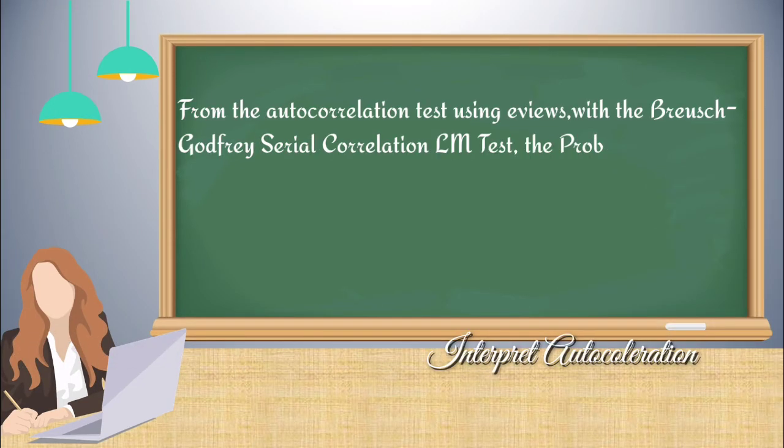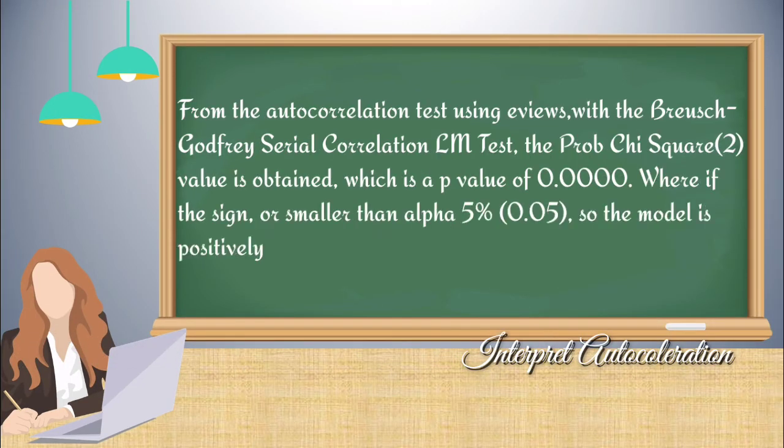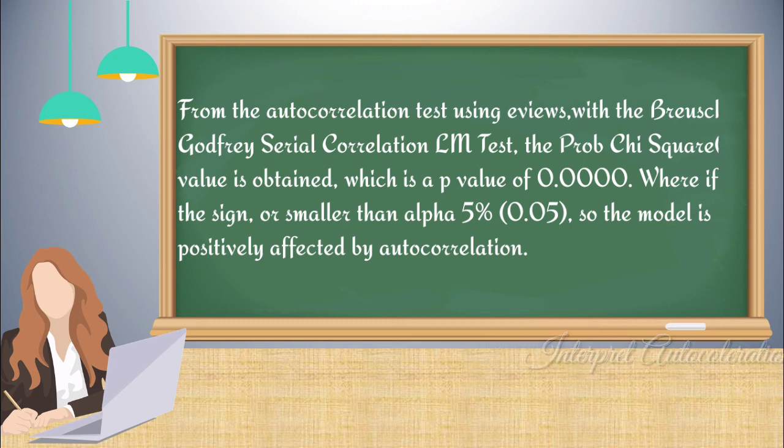From the autocorrelation test using EViews with the Breusch-Godfrey serial correlation LM test, the p-value obtained is 0.0000, which is smaller than alpha 5% or 0.05. So, the model is affected by autocorrelation.